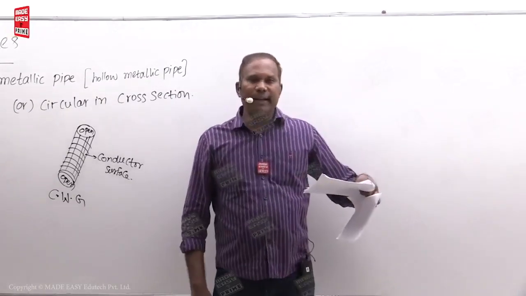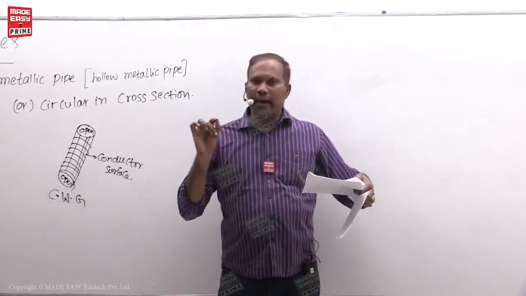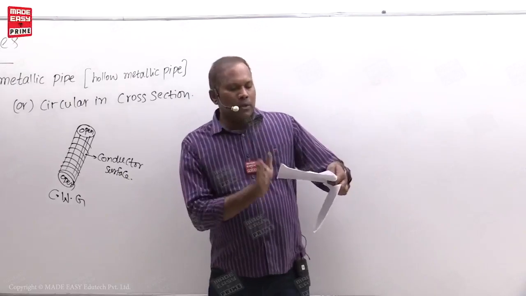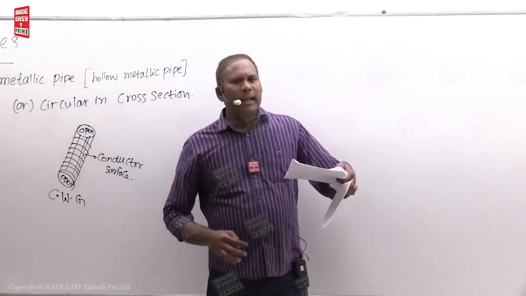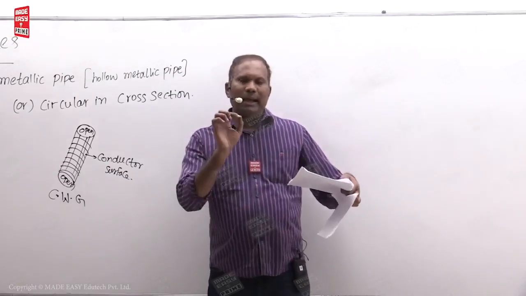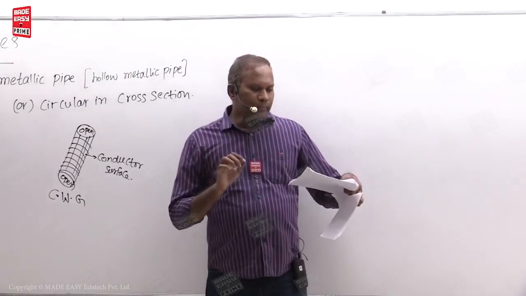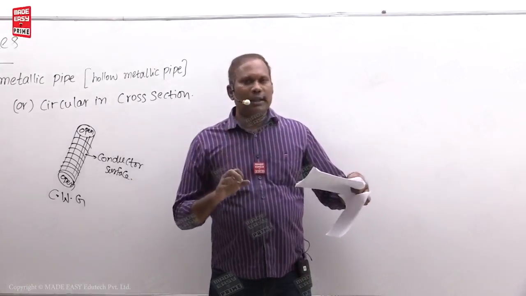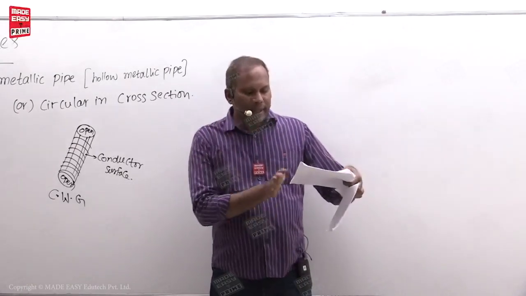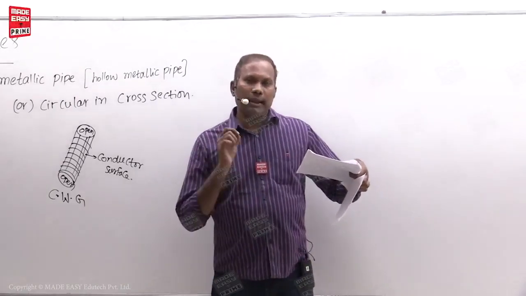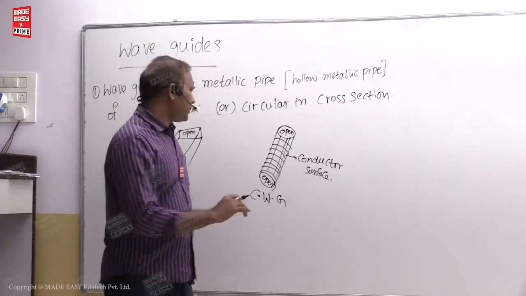That is called cavity, rectangular cavity. That rectangular cavity is used to store microwave energy. Like in network theory, LC resonant circuit is there, and that is used to store the energy at resonant frequency. Similarly, this cavity is also used to store the energy at resonant frequency.